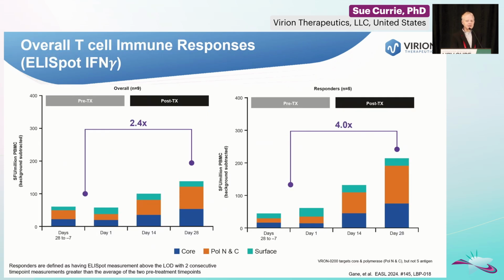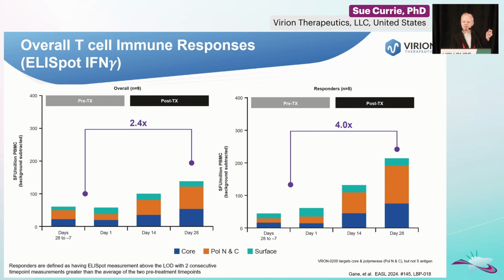So this is EASL data that you may have seen, and we'll have it on 22 patients on Monday. To give you the overall picture and how we did it: we had 2 pre-treatment PBMC responses, so we didn't have a single time point. We wanted to see whether there was a blip or diversity in the data.